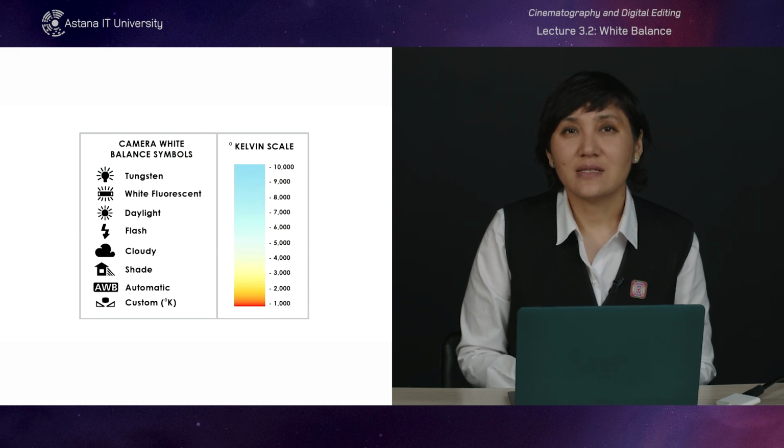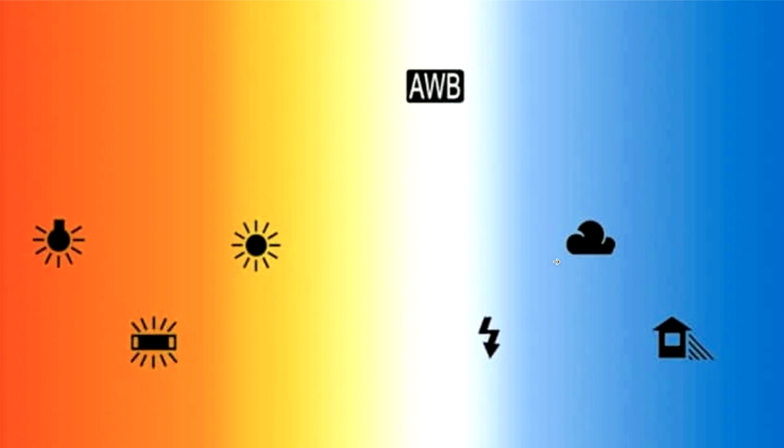Shade, 8000K, is used when shooting in shaded areas. This setting compensates for the cooler tones by adding warmth. Auto white balance, the camera automatically adjusts the white balance based on its assessment of the scene, which is convenient but not always accurate, especially in mixed lighting conditions.